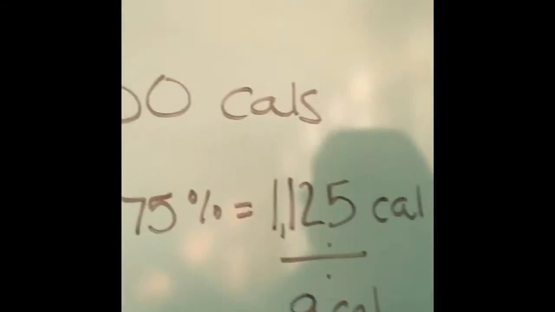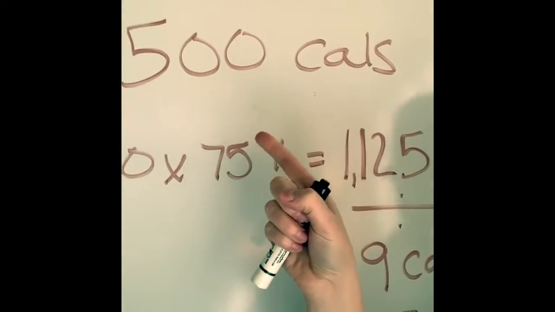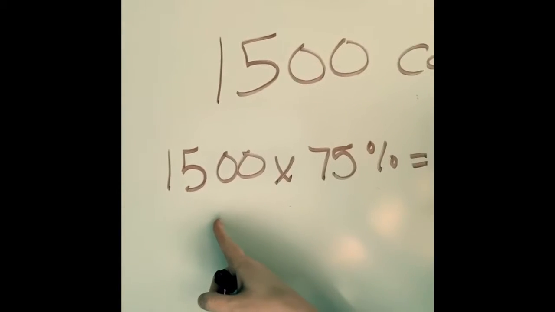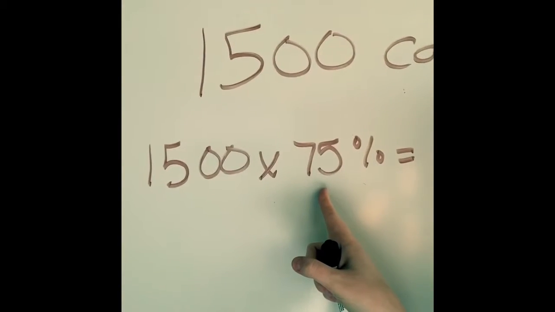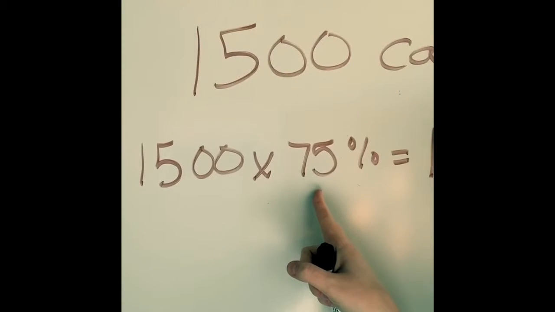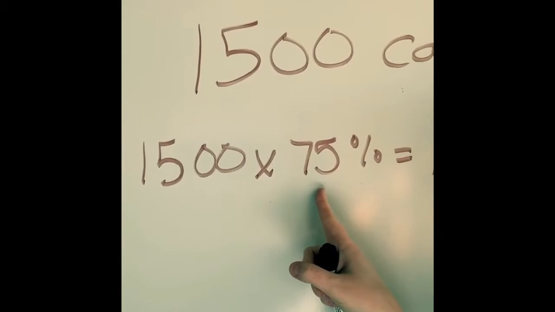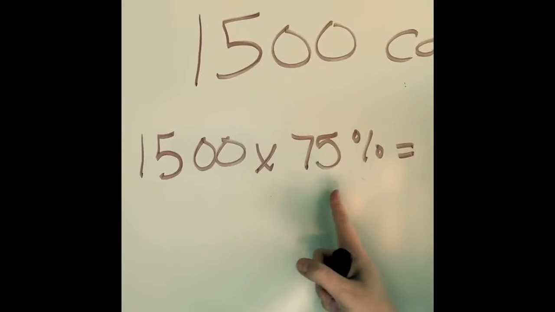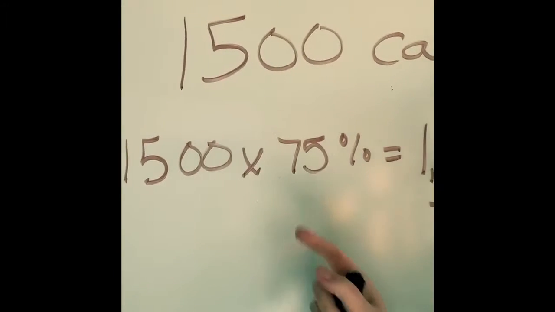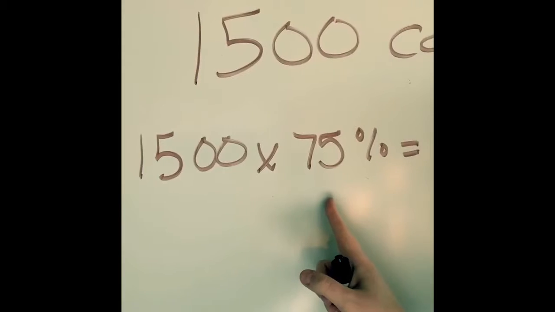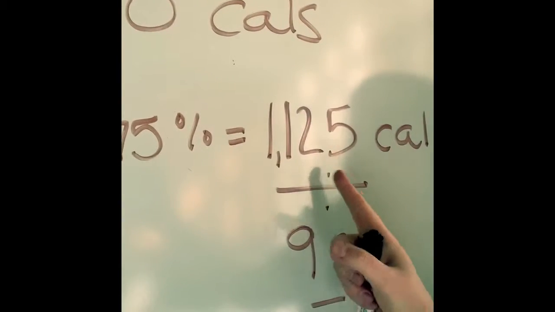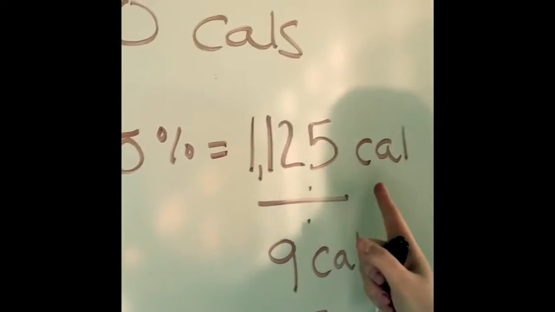So now we're going to come over here and do a quick little example. Let's say I eat 1,500 calories a day, or that's what I'm looking to potentially eat. So I'm going to take 1,500 times 75% to get my fat calories, and then we're going to put it into grams, because again, keto is 75% fat. So 1,500 times 75% is 1,125 calories.